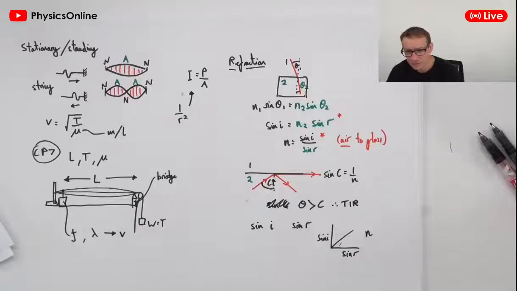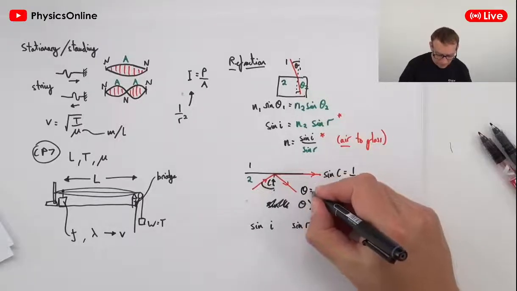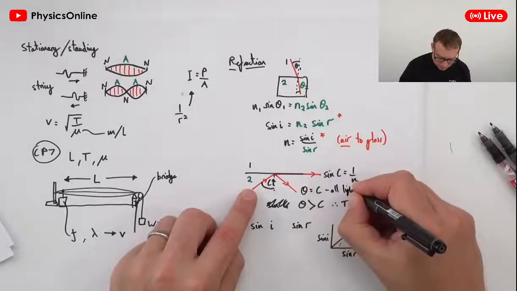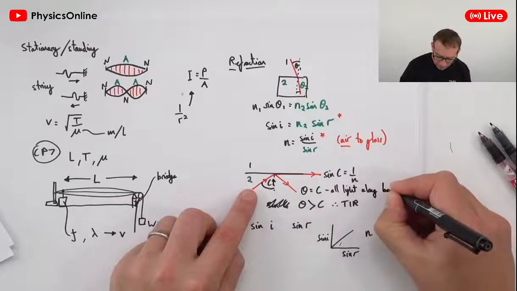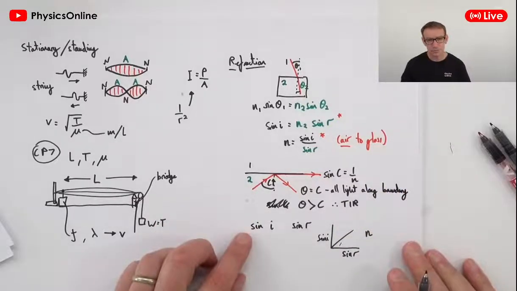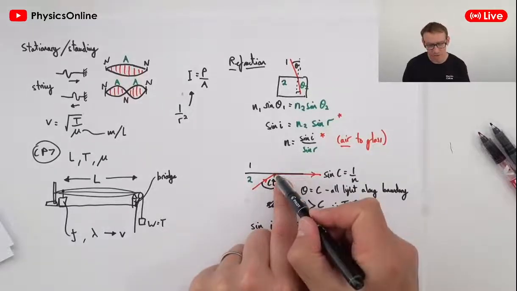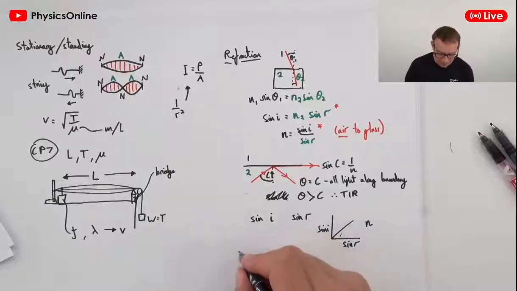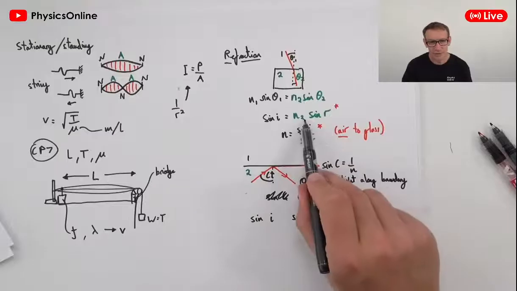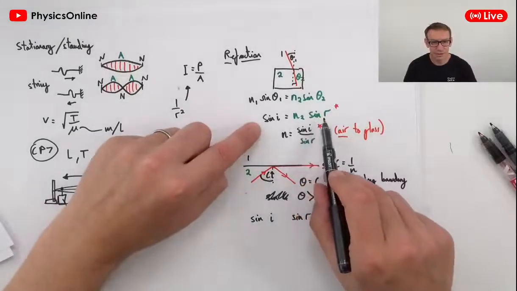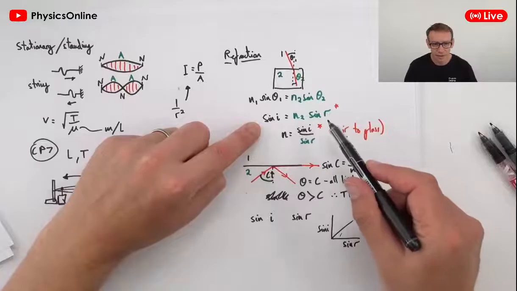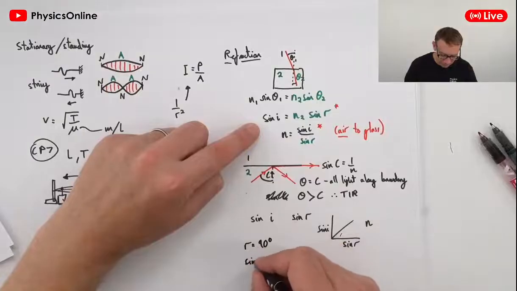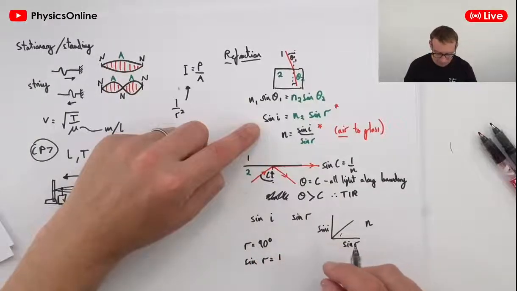What if theta is the same as the critical angle? If theta is equal to the critical angle, then all of the light moves out along the boundary. So basically all the light hits this and it goes out here. The reason being that at the critical angle, looking at this equation here, we know that sine I equals n2 sine R, and what we can then say is that if R is equal to 90 degrees, sine R is equal to 1.